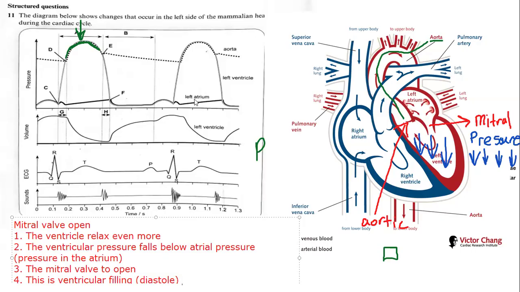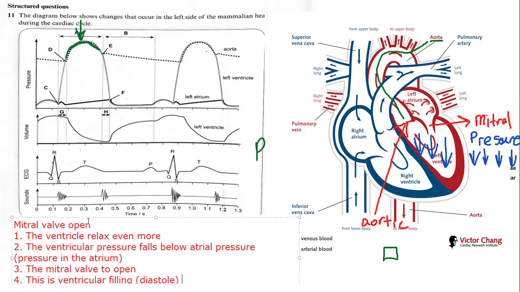So, Ali, what's happening to cause the mitral valve to open? Let's go with Charisma. What's causing the mitral valve to open?